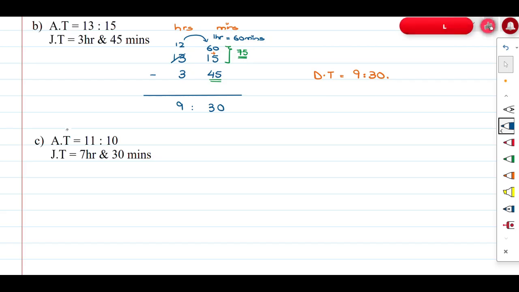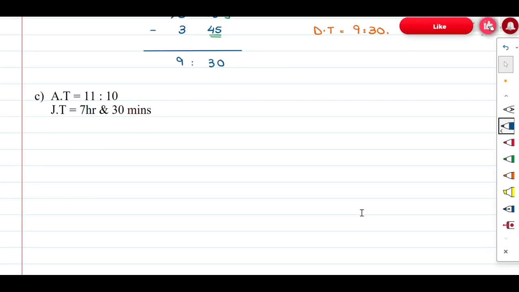Now part C: the train arrives at the station at 11:10 and the journey time is 7 hours and 30 minutes. We need to figure out at what time the train leaves the station. From 11 hours and 10 minutes, we have to subtract 7 hours and 30 minutes. Now from 10 we cannot subtract 30, so we need to borrow 1 hour.